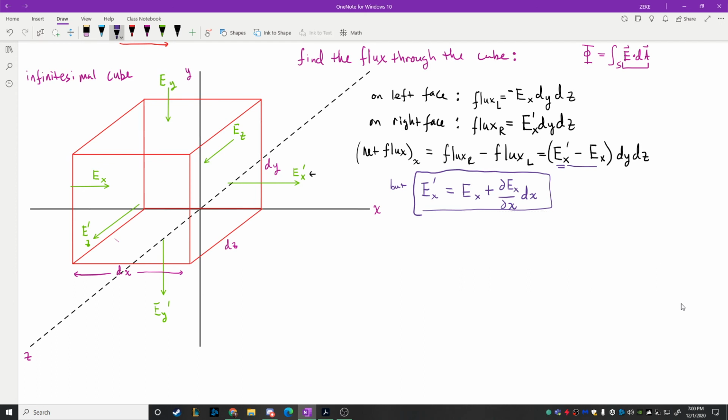But that's the idea of what we're saying here, that Ex prime is going to be equal to Ex plus del Ex, del x times the displacement. Now, you can rearrange this to easily see that the quantity in parentheses, Ex prime minus Ex, is really just equal to that rate times the displacement.